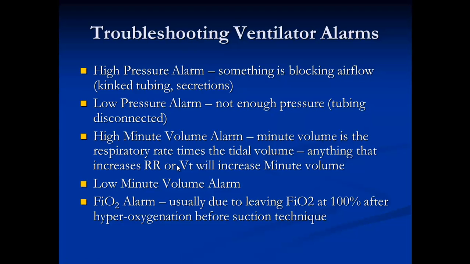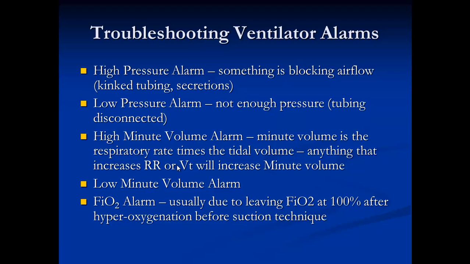If you want to change oxygen parameters, so if the patient is hypoxemic and you want to increase oxygenation, the two parameters that increase oxygenation in the ventilator are FiO2 and PEEP. So if the patient is hypoxemic, you could increase FiO2 or you could increase PEEP.